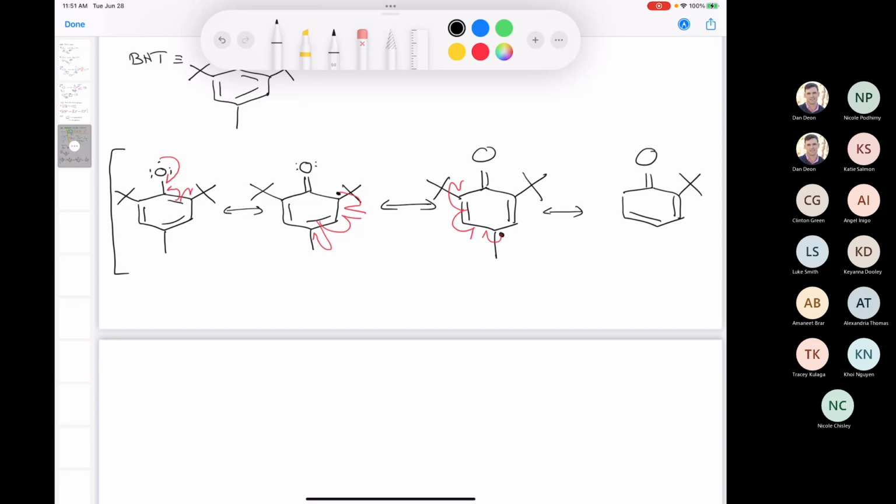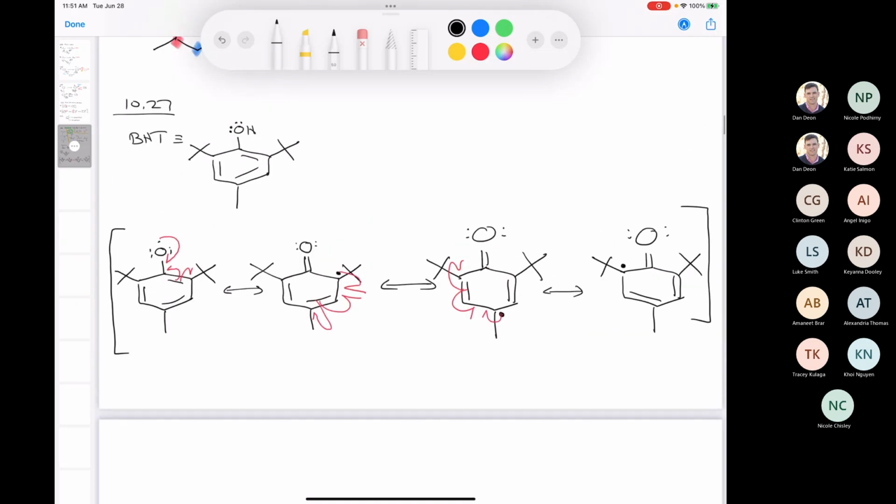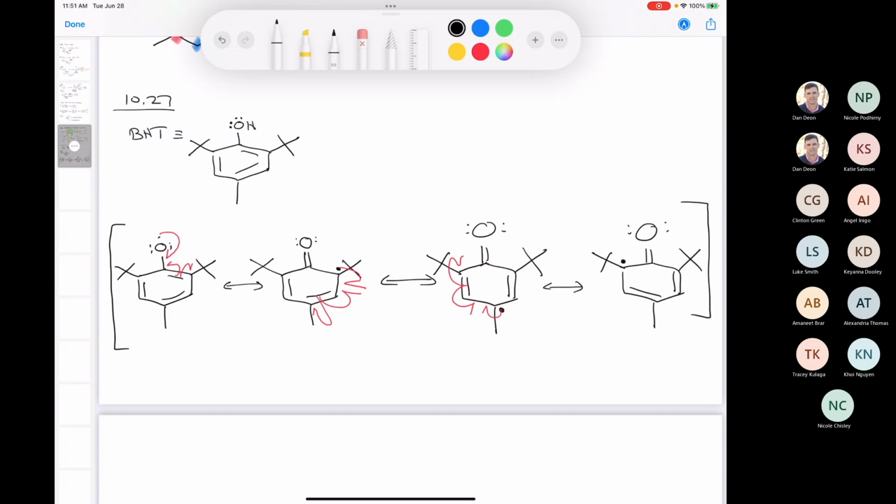I've got the tert-butyl, the methyl, the other tert-butyl, and the radical is up here. And that's it. That's all of the contributors. So that's why BHT is so good at consuming radicals, because it becomes so stabilized when it itself becomes a radical. Remember that where the radical shows up on the aromatic ring, you always have an alkyl group, and the alkyl group serves to stabilize the radical as well.